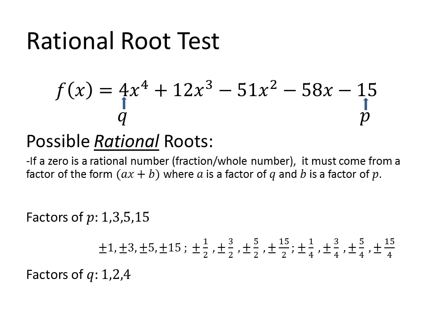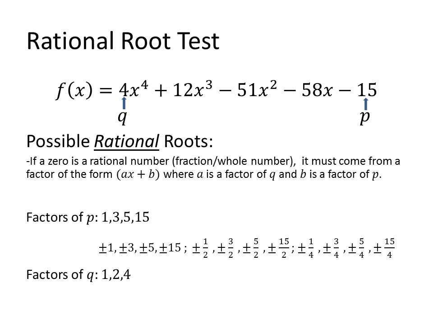So in this case, we would take 1 over 1 and get 1, 3 over 1 and get plus or minus 3, 5 over 1 and get plus or minus 5, 15 over 1 and get plus or minus 15. Then we've exhausted all the numbers where the q value is 1, so we move on to 2. So the next numbers in the list are plus or minus 1 half, plus or minus 3 halves, plus or minus 5 halves, etc.